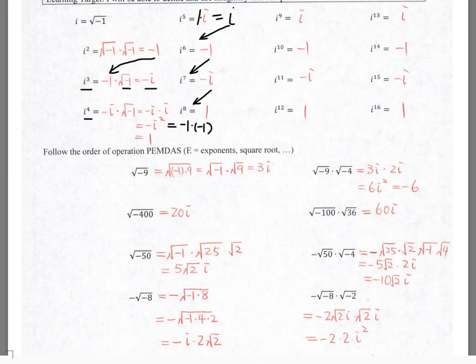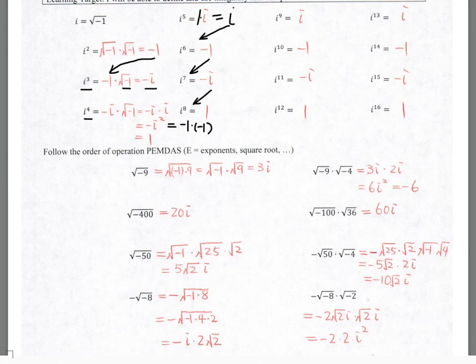Starting with i, followed by -1, followed by -i, followed by 1. And then it starts repeating: i, -1, -i, 1.